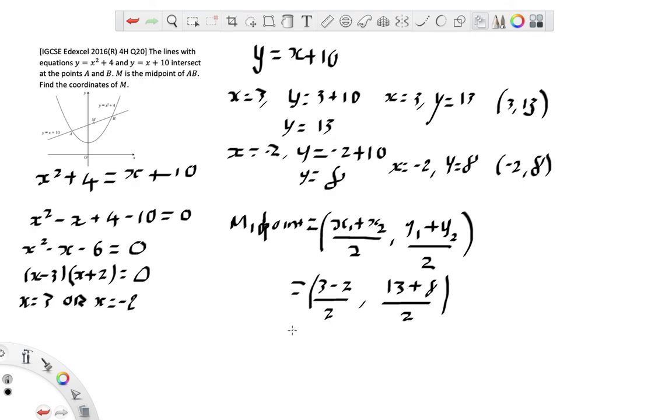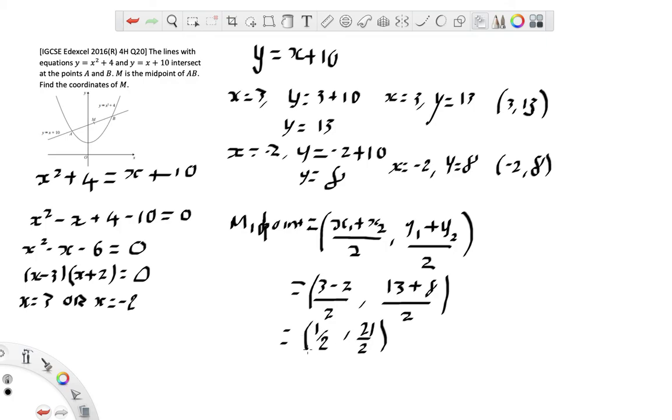Okay. 3 minus 2, that's 1. And 1 divided by 2, that's just a half. And 13 plus 8 is 21. And it's 21 divided by 2. Like so.